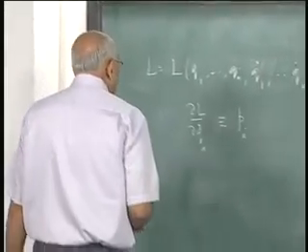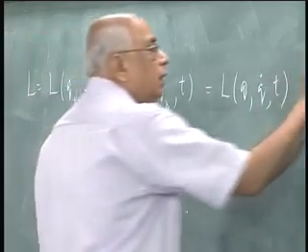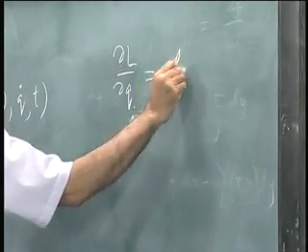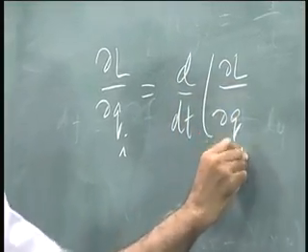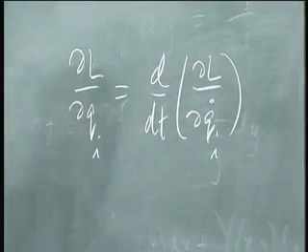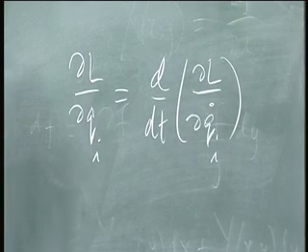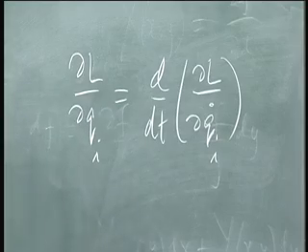You can see why I am doing this, because we already saw from the Euler-Lagrange equations that if you have delta L over delta qi equal to d over dt of delta L over delta qi dot, then if qi is a cyclic coordinate or ignorable coordinate, this quantity here is a constant of the motion.